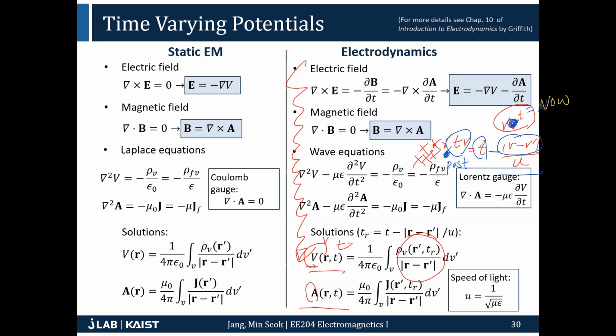So in this case, if somebody suddenly changes the source position, or the source suddenly disappears, then at the measurement position they know that the source has disappeared only after some time, after the light travel time. That's what this equation basically tells. This reminds you of special relativity.